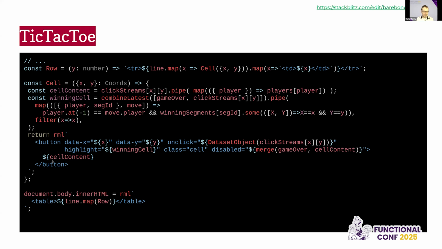So whatever you have clicked, it will be displayed as the content of this button. So the X or the O. Cell content comes from an external array of click streams and just essentially displays the player you want to have. Code is a little bit longer, but we tried to show how concise all this can be.